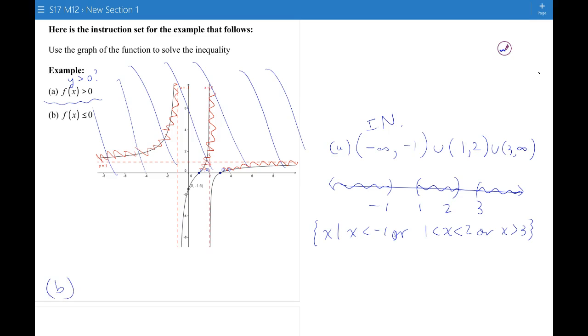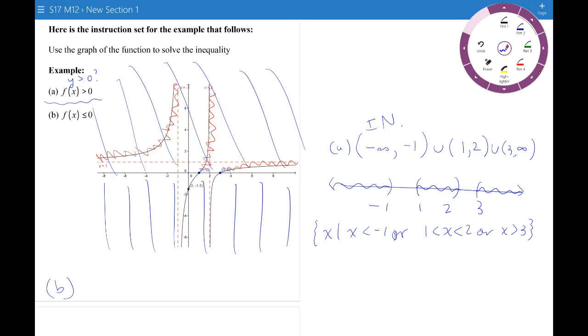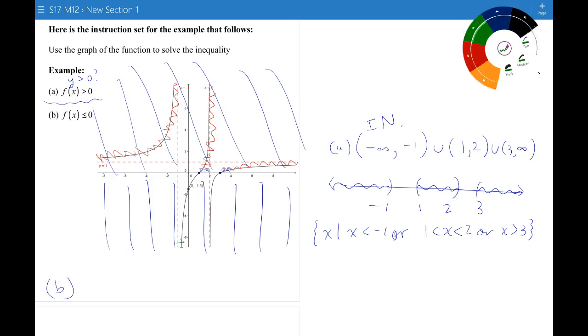Okay, then the B part says, where are the y values less than or equal to 0? So that's going to be this lower part of the graph. So we want to see where do we find y values that are negative? And we're finding them here and here.